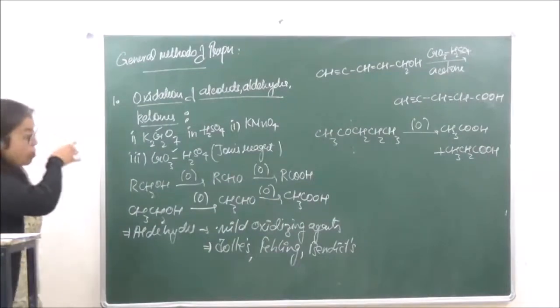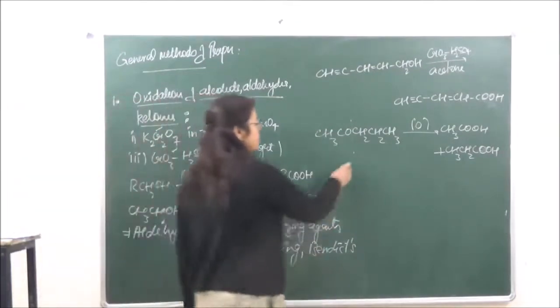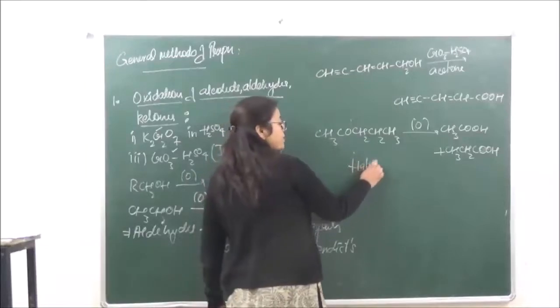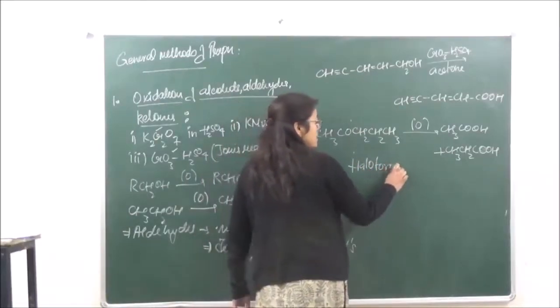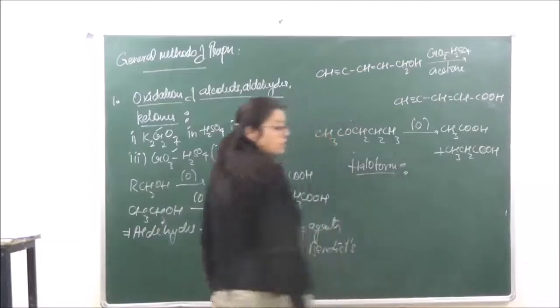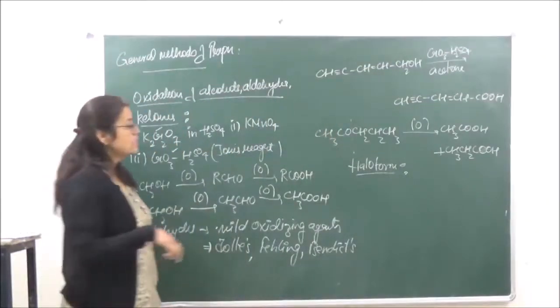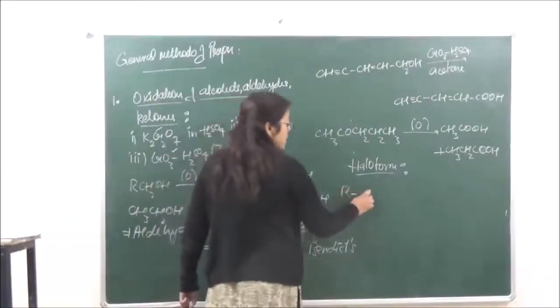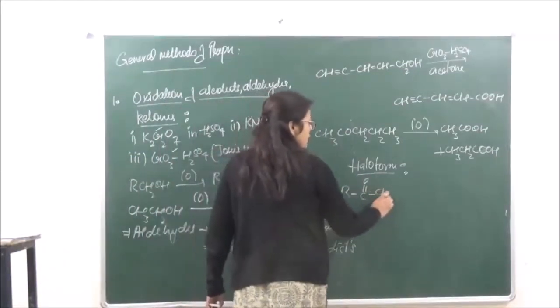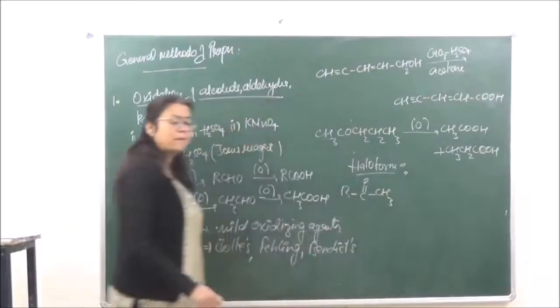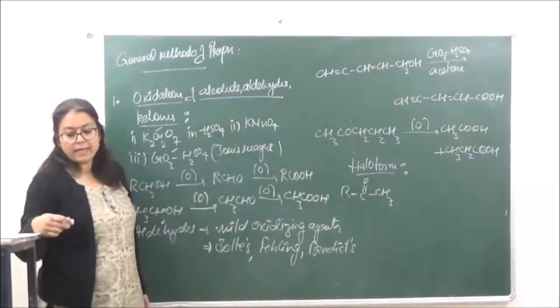Now acids may also be formed from one reaction which we have already done in our previous lesson, the haloform reaction, in which the iodoform is going to be formed. This reaction is a peculiar reaction of only the methyl ketones, if you remember. It's a test for the methyl ketones.